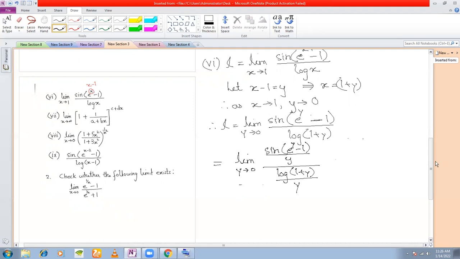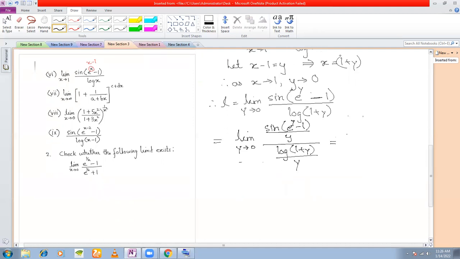So now you can split this limit. Limit y tends to 0 sine e to the power of y minus 1 by y, divided by limit y tends to 0 log 1 plus y by y.